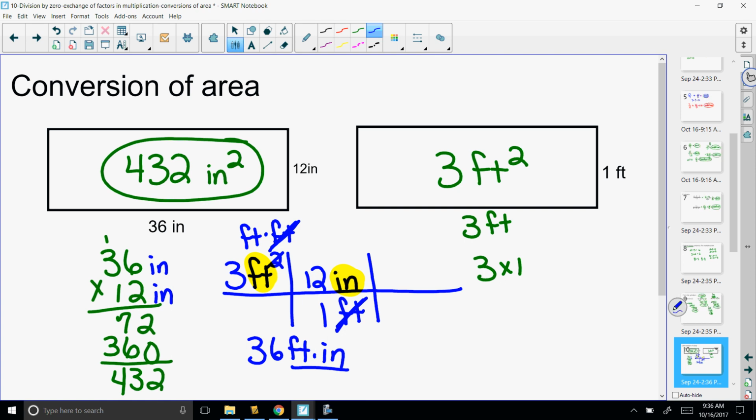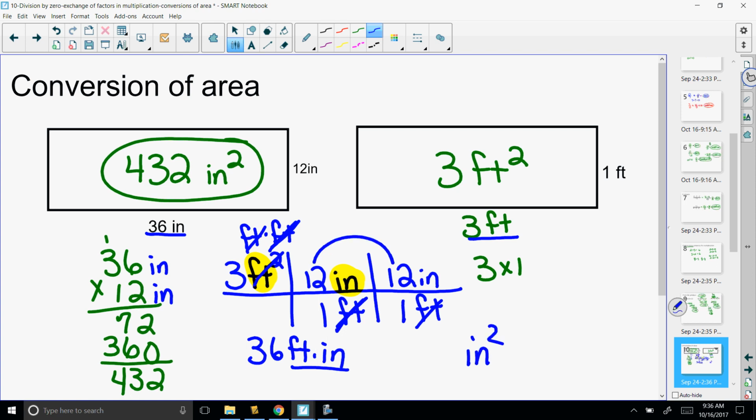So if you are converting units, we didn't just convert 12 inches into 1 foot. We also had to convert 36 inches into 3 feet to find the area of the rectangle. So now I'm going to perform that twice. I have to convert both dimensions. Now the second foot cancels. I have inches times inches, which is square inches.